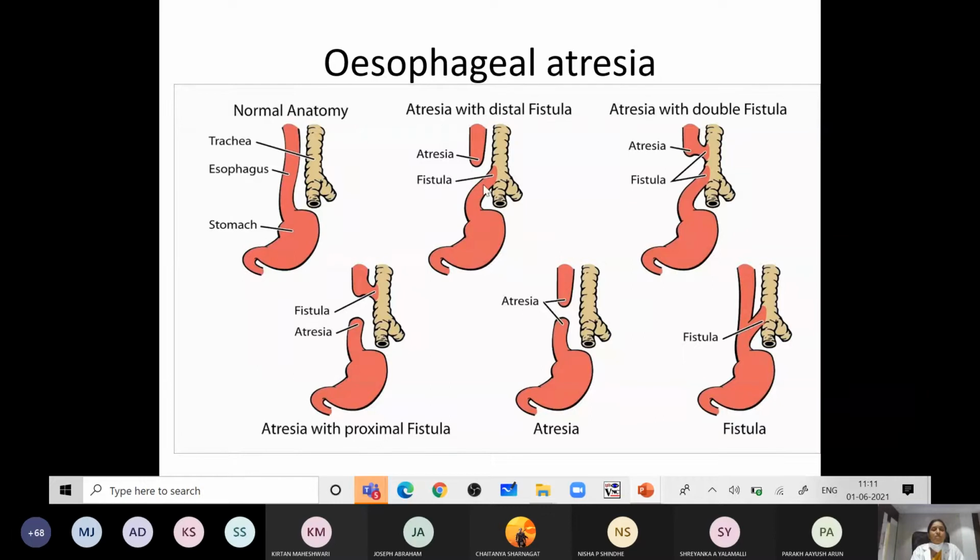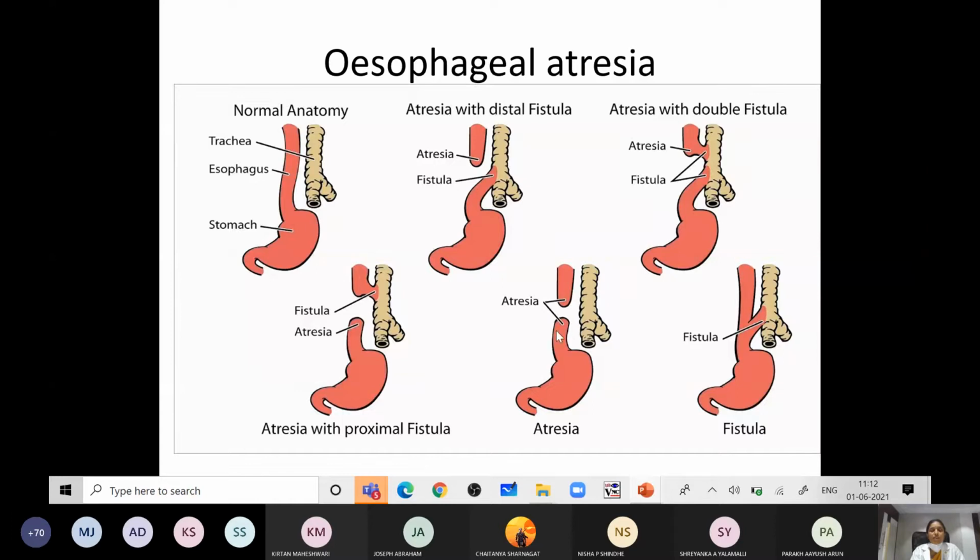That is called a fistula. Already I have told about the fistula in the development of the trachea. Here is atresia with double fistula: both the proximal and the distal tubes of the esophagus are in communication with the trachea. Then in the third diagram, the proximal part of the esophagus is in communication with the trachea, whereas the distal end is atretic. That is another variety of atresia.